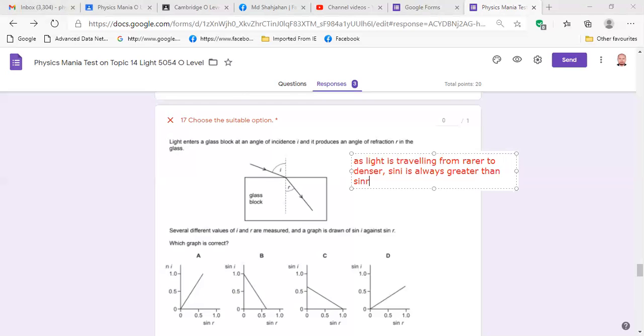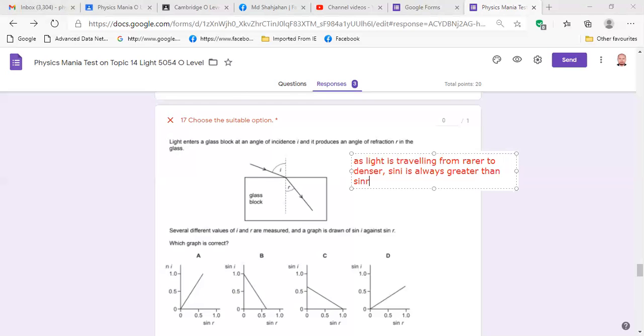They are showing that if you are increasing sine R, then sine I is decreasing, which is completely wrong, isn't it?